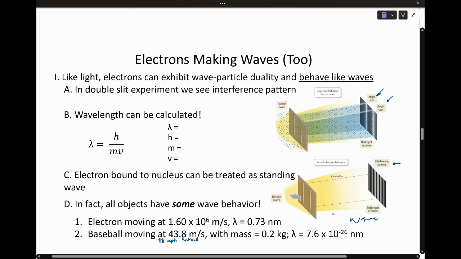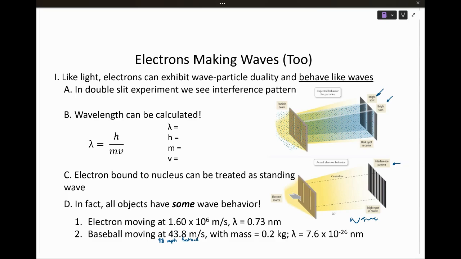Okay. And so we see this interference pattern, and what we can do is actually calculate the wavelength of an electron. And we can use this formula to calculate it for anything.